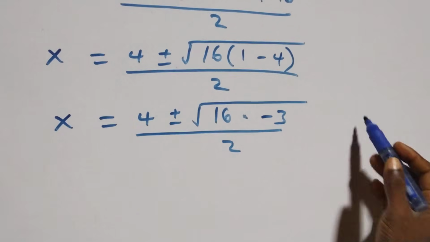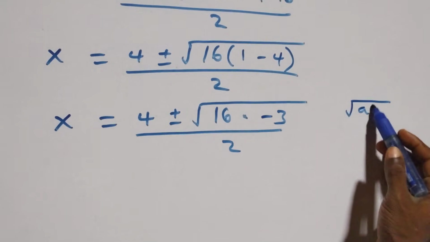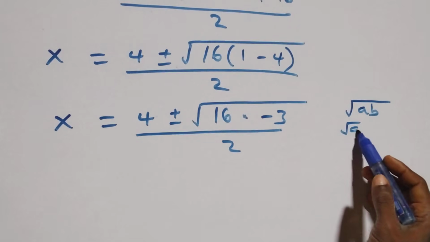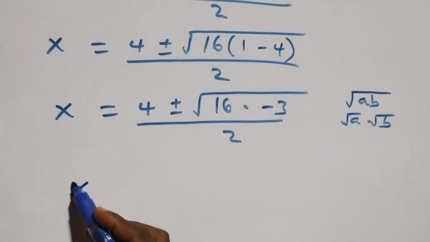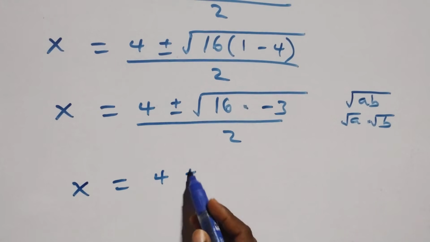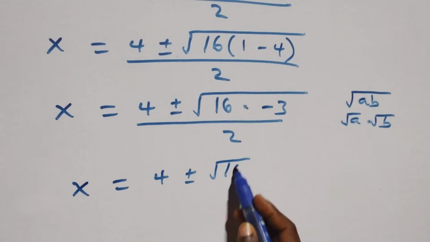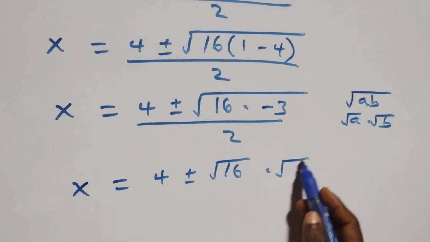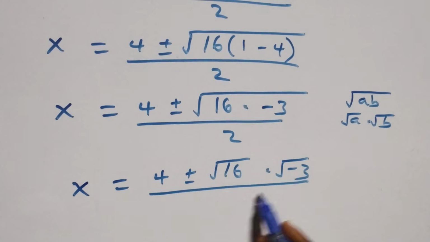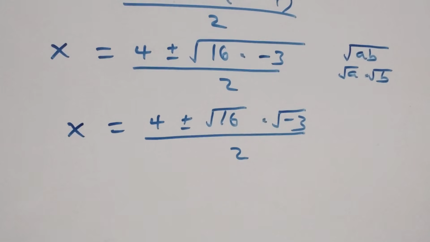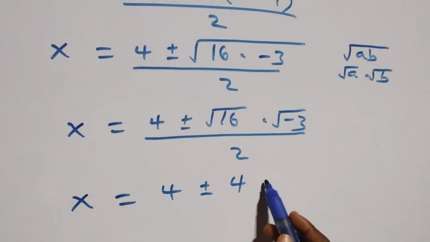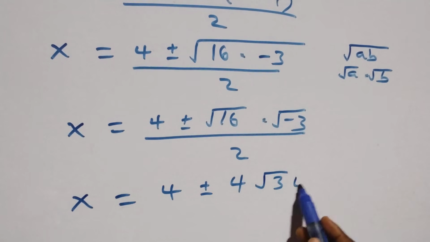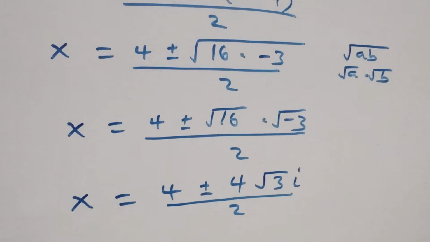Then from root of a times b, which you can separate as root a times root b, we have x equals 4 plus or minus root 16 times root minus 3 over 2. Then x equals 4 plus or minus root 16, that's 4, and root minus 3, that's root 3i, over 2.